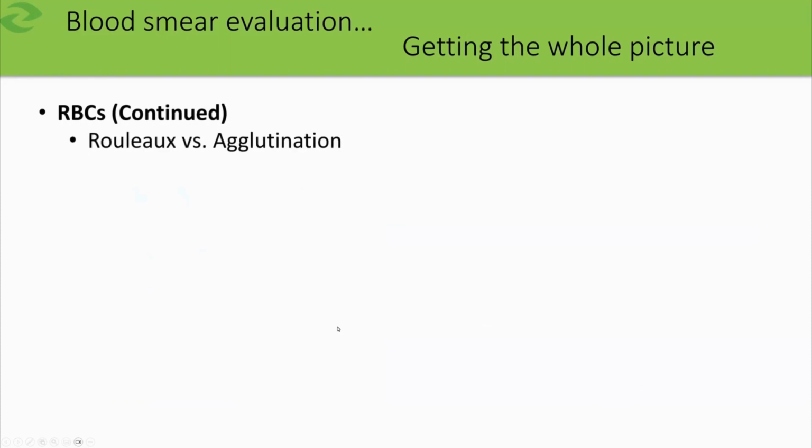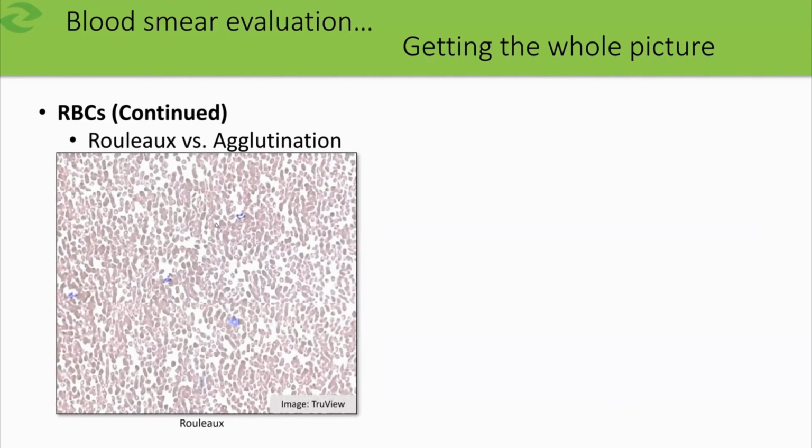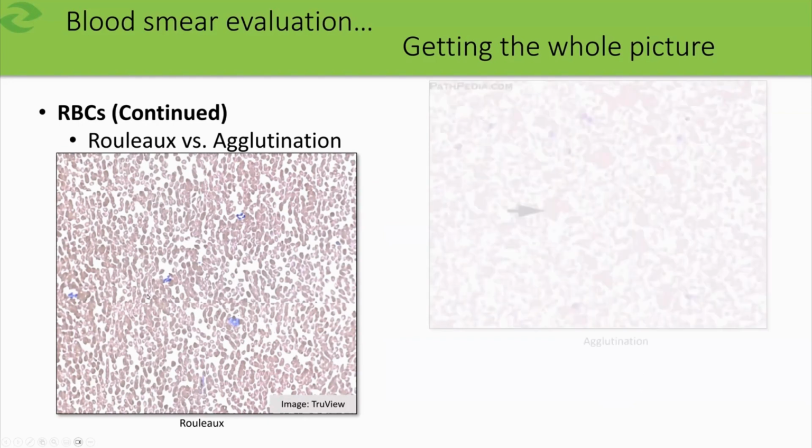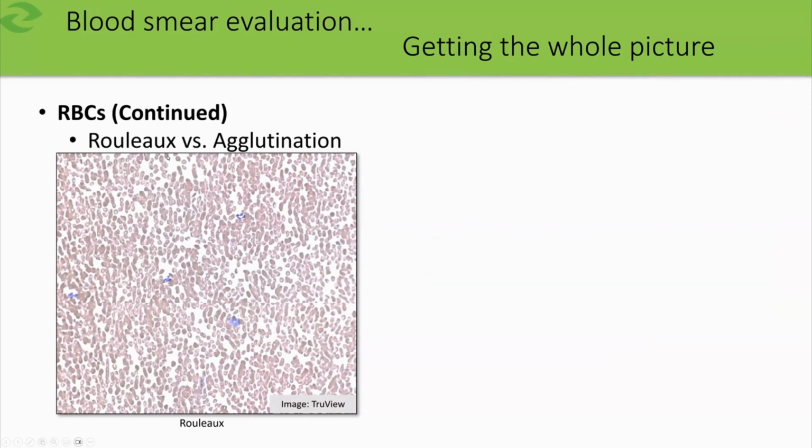Okay, rouleau versus agglutination. So this is a digital scan off of the Zomedica TRUVIEW scanner. And you can see all of these red cells are lined up. The smear was actually made in this direction here, moving from top to bottom.